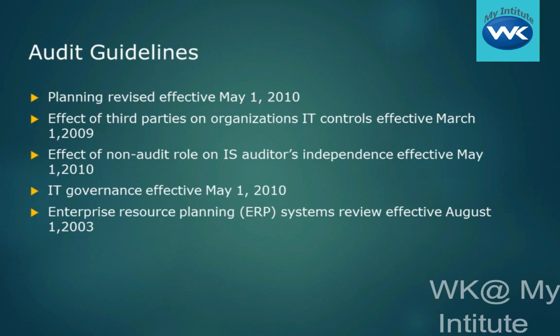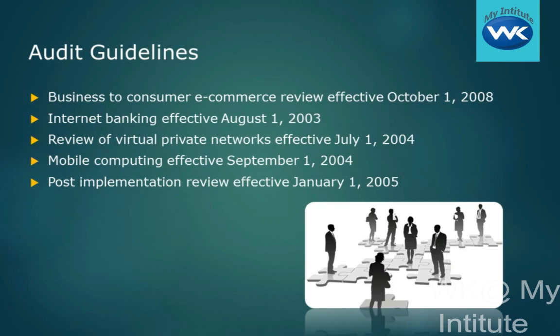The Enterprise Resource Planning, ERP, is a process that we would go through in trying to, of course, look at ways in which we have the effective resources to be able to work with our auditing section. The next guideline is on the business to consumers e-commerce review, what they call the B2C.